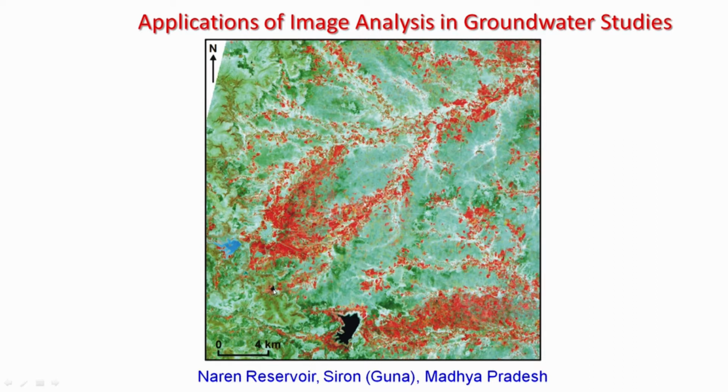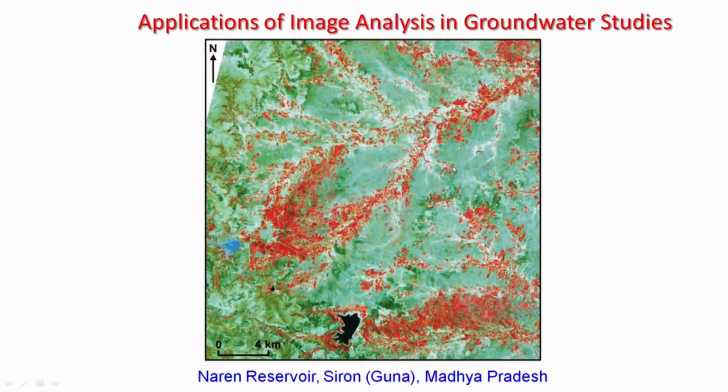Even a tiny small reservoir is also having a benefit area in the downstream, whereas there are no reservoirs here, and therefore the growth of vegetation is very scanty. Assuming this area is terrain-wise and geologically the same, then why is it happening?